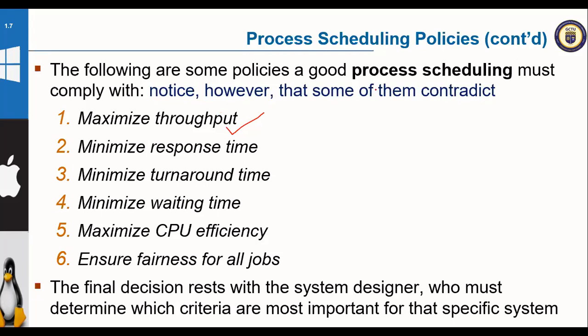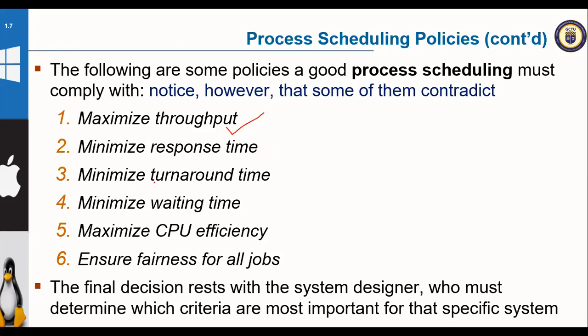Okay, every good process scheduling must maximize the throughput. Two, minimize the response time. That is how long it takes for a process to return to the user, for the user to be able to access or use the process.